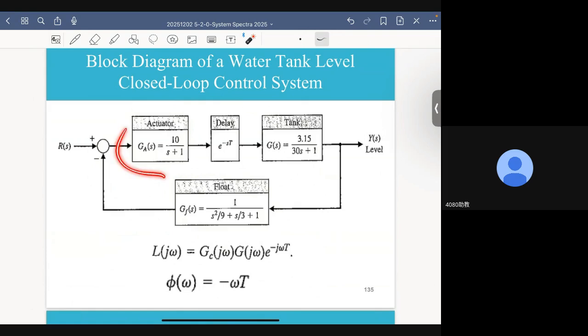The same thing happens to the actuator. When you turn on the actuator, it does not reach its maximum output immediately. It takes the actuator a while before it can fully respond to the demand of the input. Keep that in mind. So this is the system.